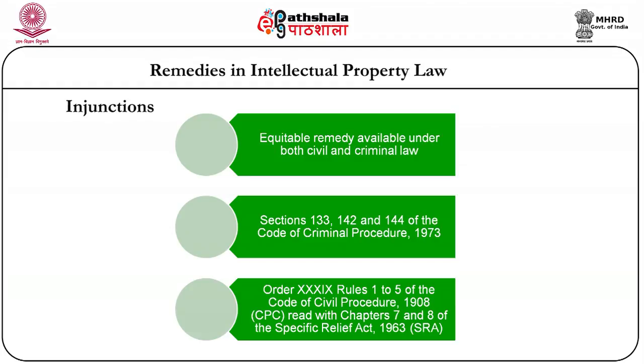So they can either be a restraint, in which case they are prohibitory in content, or they can be a direction to do a positive act, in which case they are known as mandatory injunctions. Again, injunctions are granted both at the interim stage of the proceeding and as a matter of final relief.